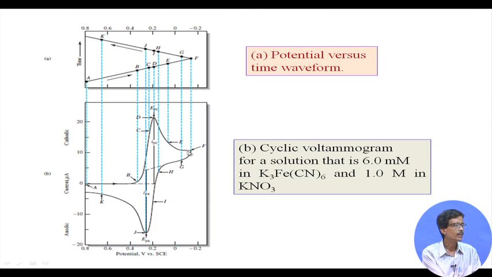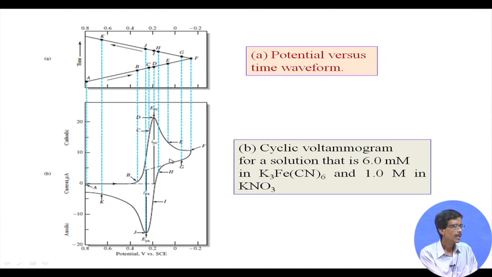Now we switch the direction of the scan at point F, from some potential around minus 0.1 volt back to 0.8 volt, going back to the starting point. The scan goes in the opposite direction, so it will come back over here.